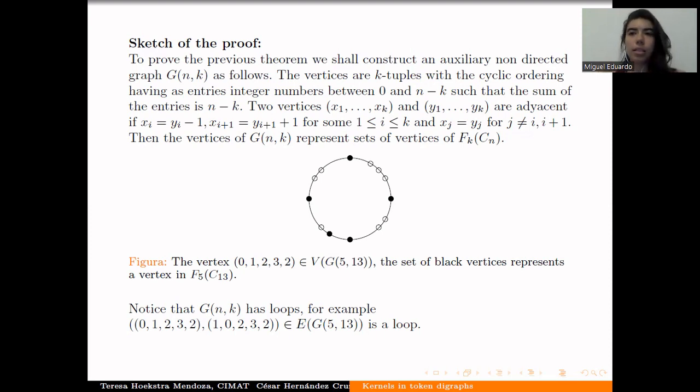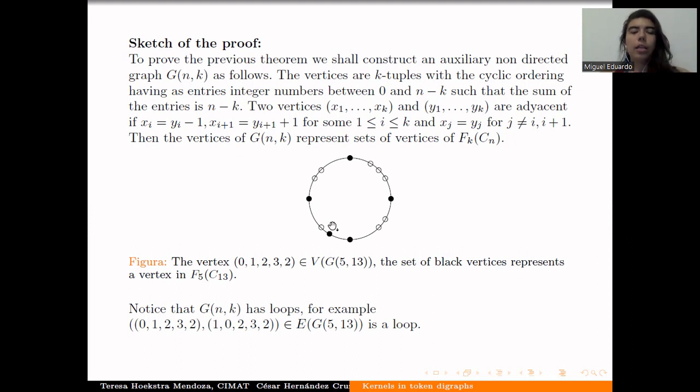Why am I taking this cyclic ordering of k-tuples? Well, assume you have a vertex in your token digraph. This means you have a set of k vertices of your cycle. So imagine you have this here. Then the black vertices correspond to a set of vertices. Assume k equals 5. I have the cycle of length 13.